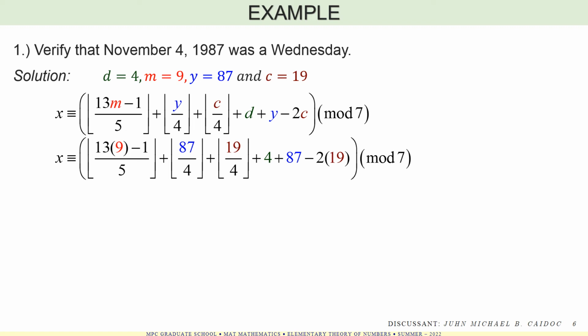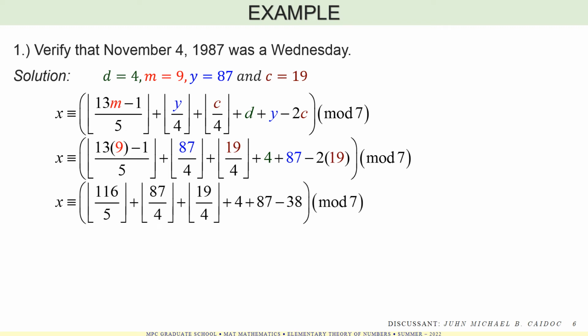And by computing that, we get x is congruent to the floor value of 116 over 5, plus the floor value of 87 over 4, plus the floor value of 19 over 4, plus 4, plus 87, minus 38, modulo 7.